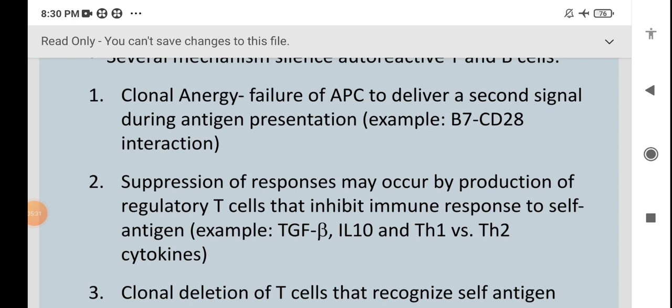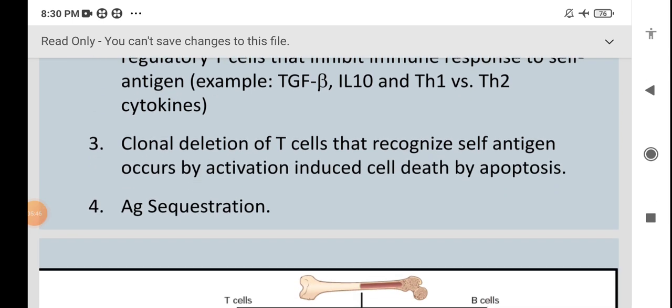Suppression of responses may occur by production of regulatory T cells that inhibit immune response to self-antigen, for example, TGF beta, interleukin 10, Th1 versus Th2 cytokines. Clonal deletion of T cells that recognize self-antigen occurs by activation induced cell death by apoptosis, and antigen sequestration.